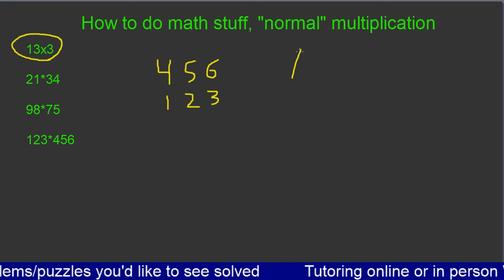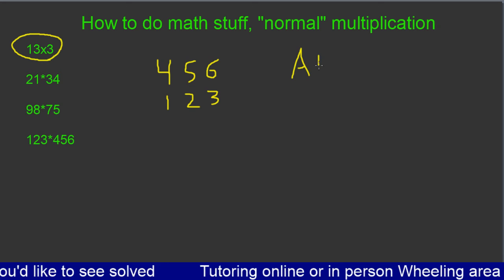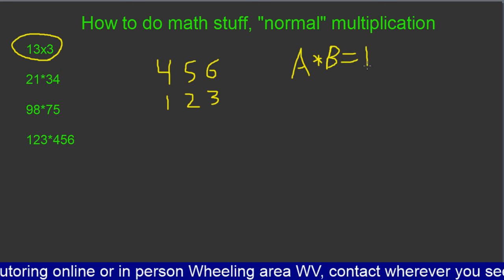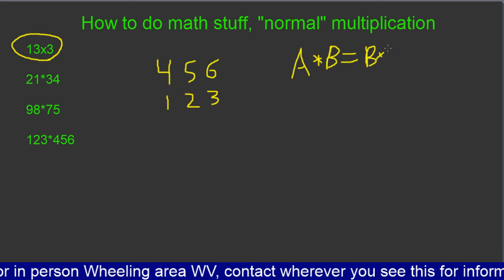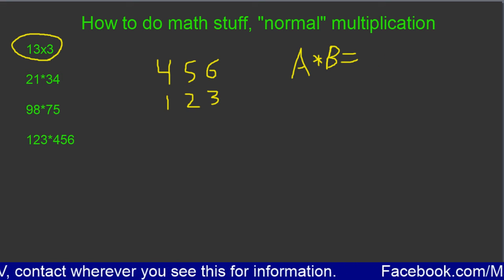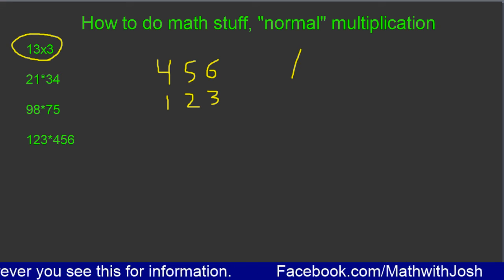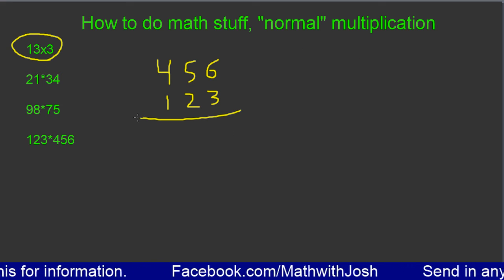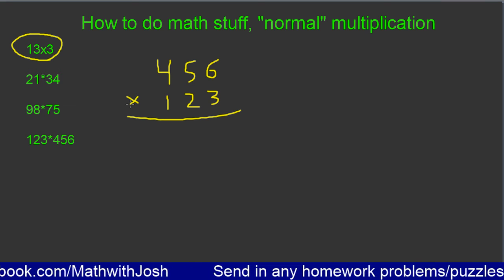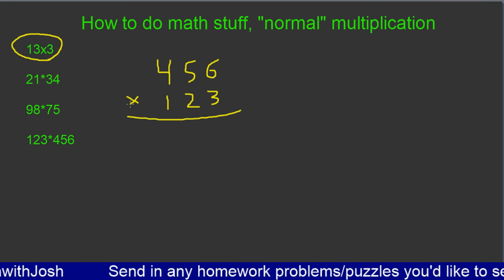A notable little thing here, not to take too long, but A times B equals B times A. So it's okay to switch the order of multiplication problems like this. Okay, let's say we had 456 times 123. So this is the big problem for the video.